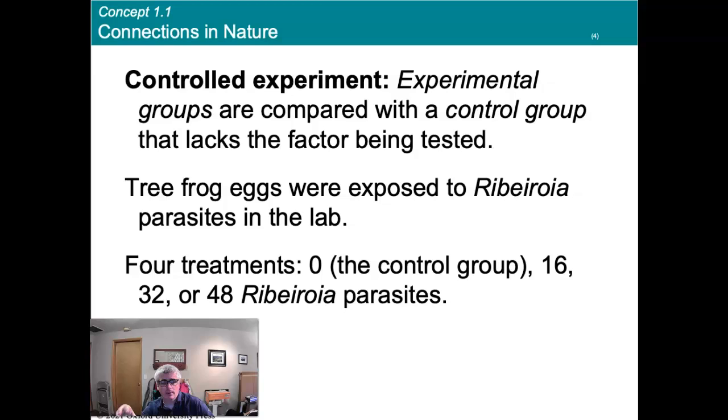And so in this case, tree frog eggs were exposed to Ribaria parasites in the lab with 4 treatments: a control, no parasites, 16, 32, and 48 parasites per tadpole or per egg. So you can imagine these as like little beakers or jars on the counter. So you've got one that just has frog eggs, no parasites, one that has a frog egg, 16 parasites, 32 and 48 parasites. And they watch to see what would happen.